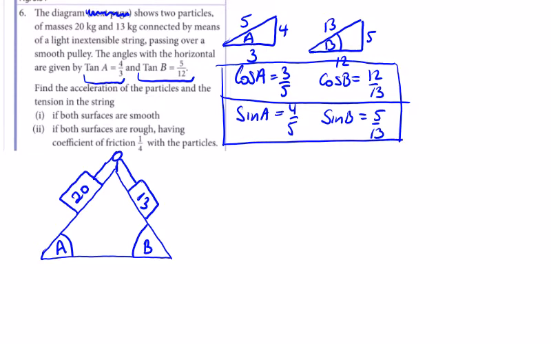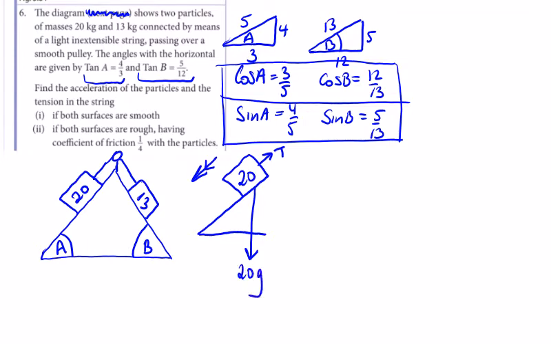So let's look at 20 first. We're going to say 20 is going to go down in this way. So I've got my string going back, my T, I've got my 20G coming down, I've got my R. We initially have smooth, but then we're going to have rough, so I'm going to put mu R in.